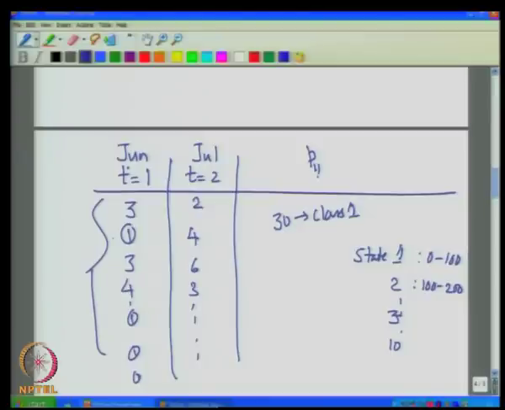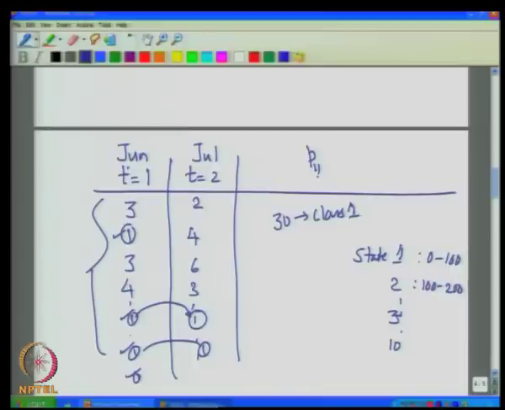Then we look at every time it has gone into class interval 1, which means out of these 30 times, how many times it went into class interval 1 in July again. So, we pick up those many numbers in the month of July in which it was in class interval 1, starting with class interval 1 in June.